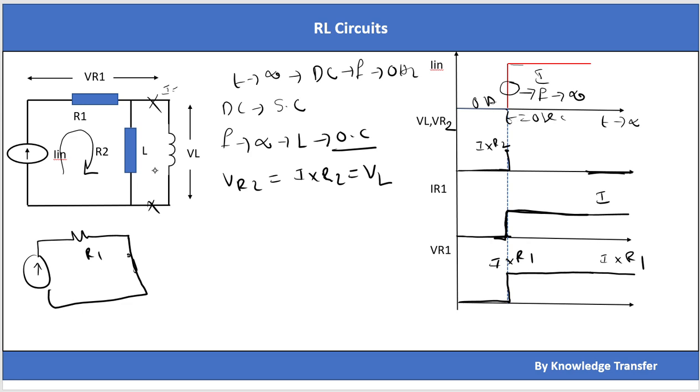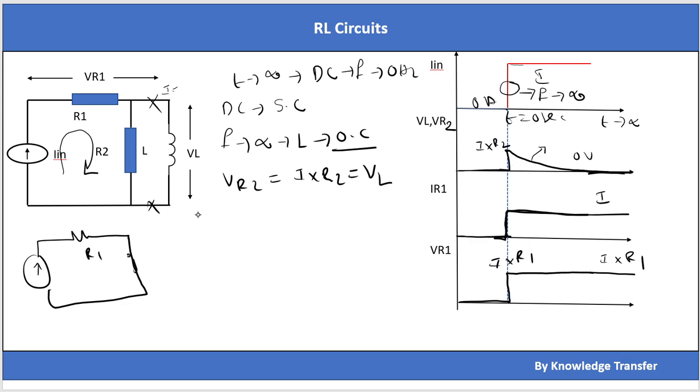Then as t tends to infinity, the inductor will behave as a short circuit. Because of the short circuit, the voltage across the resistor will become 0, because all the current is flowing through the inductor. So eventually VL and VR2 will become 0 volt. So there is an exponential decay.